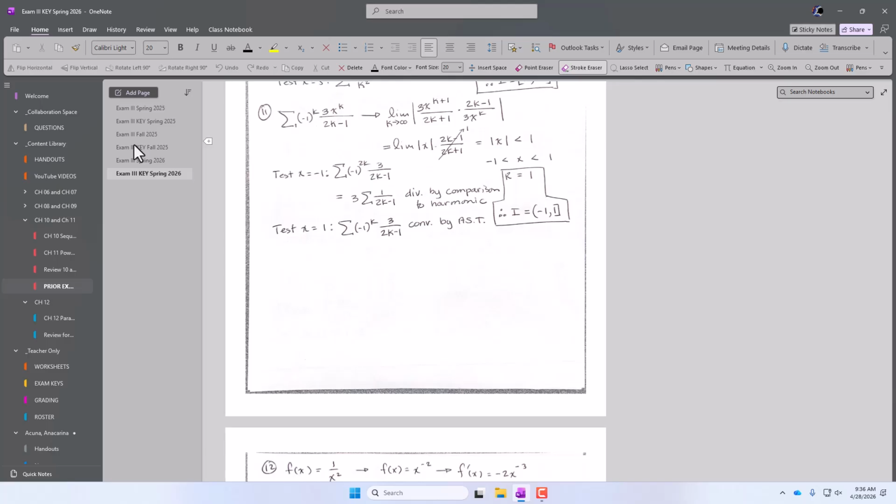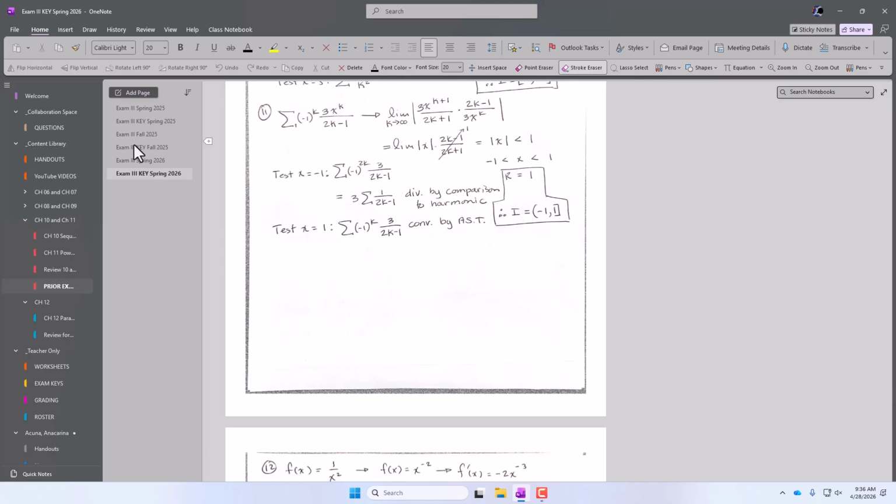The root test only works really cleanly if you have a power on the far outside. If you don't, the root test gets very finicky because you'd be doing the kth root of 3 limit, the kth root of the denominator limit. You can do it, but it's much more complicated.